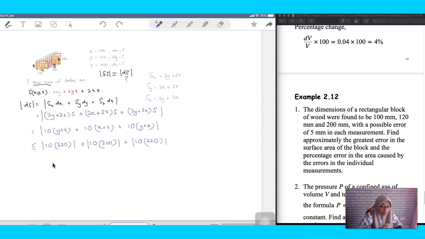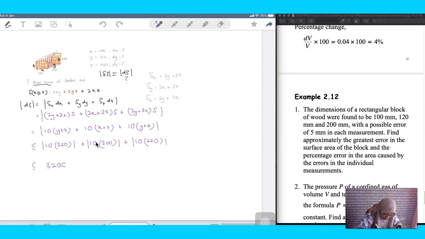Okay, so now what you have to do is, for example, if you evaluate and you get a negative, then you have to make it positive. But in this case, there is no difference, because all the answers here are positive. Okay, so let's just proceed with what we have here. So we have this one becomes positive too.